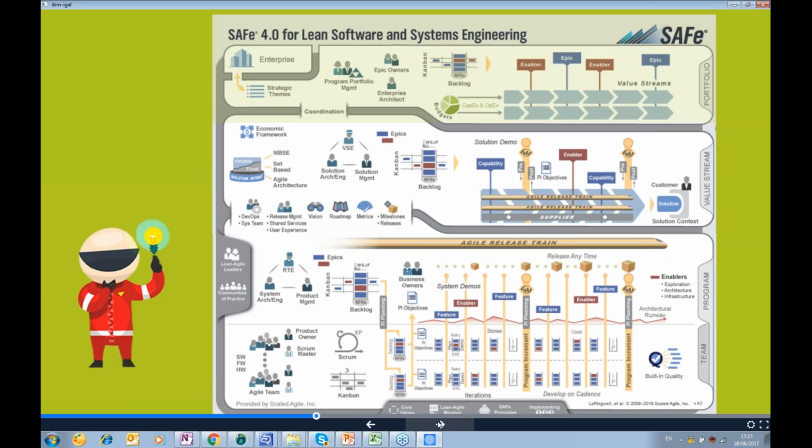The last layer is the portfolio, where we have the program portfolio management. So in case the company decides to take on a big epic, for example, that we want to be more in machine learning or big data, it's something that needs a strategic decision with a budget, and the program portfolio management takes this epic and breaks it down into the different teams.